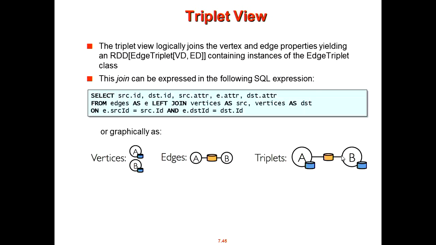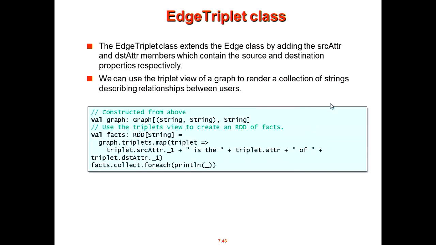So we can also view this as a table, a triplet table, with just three components: the source nodes with properties, the edge properties, and the destination nodes with properties. So this is the triplet view, and the result is stored in an edge triplet class.